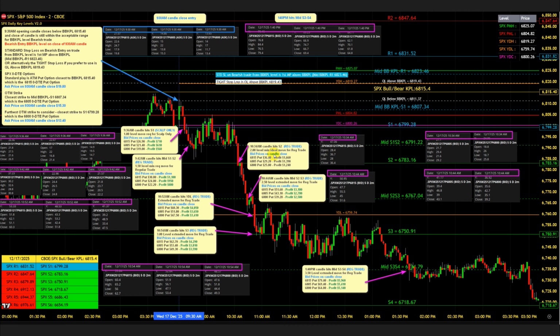However, in higher volatility environments, you're looking more for a 3-level move or above.